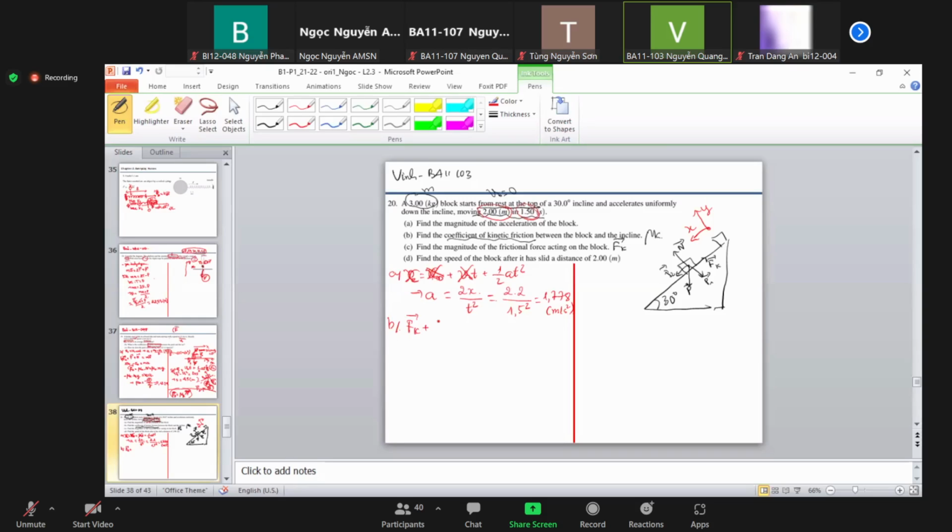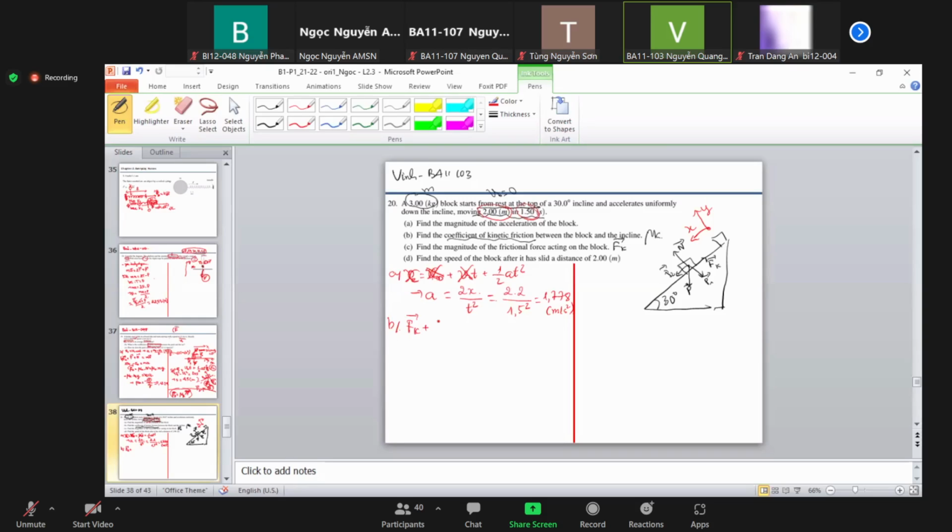So we have Fk equal to mu k multiplied by mg? Really? Multiplied by P?